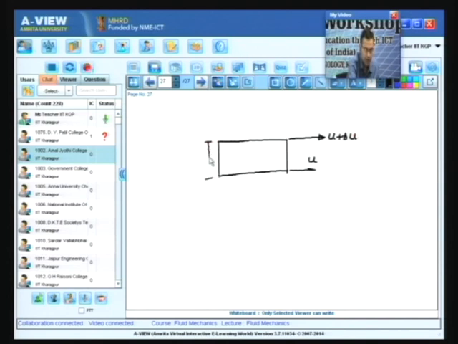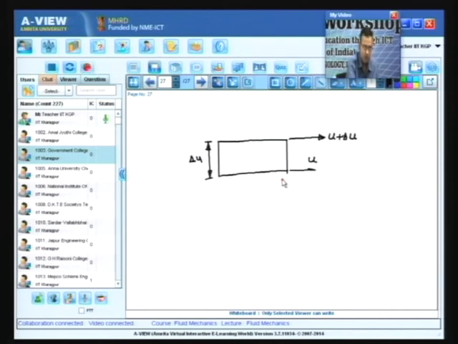The height of the fluid element is delta y. Let us assume a unidirectional flow, so that all flow is taking place along the positive x direction.